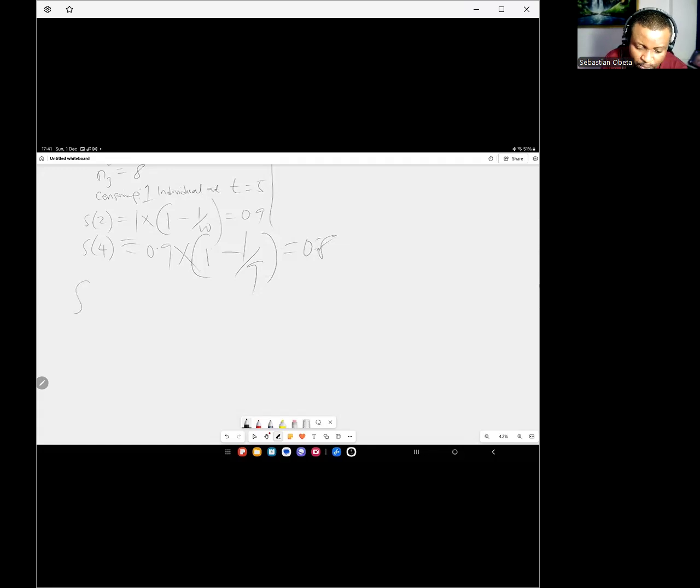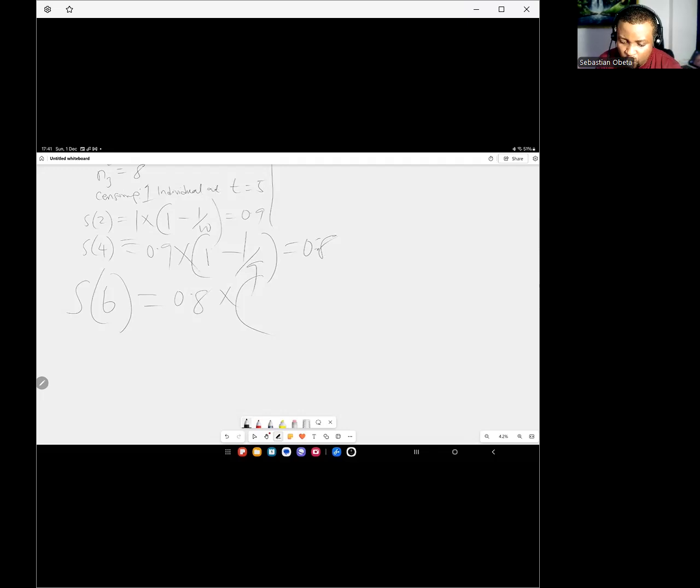So if we look at the probability at time 6, it's going to be the 0.8 multiplied by the survival probability, which is the formula of 1 minus the number of events divided by the individuals at risk. Remember that the risk from our data set for N2 is 9, then the risk for N3 is 8.